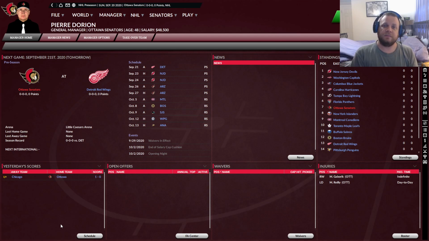So basically, when a restricted free agent's contract expires, contracts in the NHL always expire on June 30th, so that players turn free agent on July 1st. In the case of a restricted free agent, it says in the name, restricted. One thing needs to happen: the team holding the rights needs to make what is called a qualifying offer.